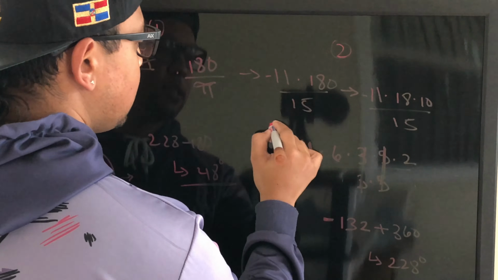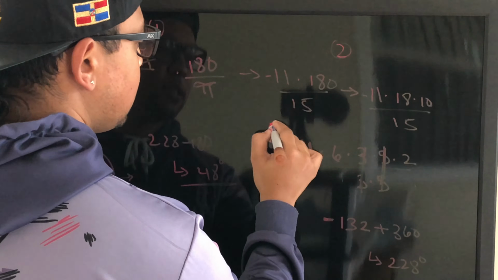Now we're going to turn this back into radians, all right? So now I have to multiply this entire thing by pi over 180. So you're going to get 48 over 1 times pi over 180, okay? Now, 48 breaks down to 6 times 8, and 180 you can break down again into 18 times 10, right?